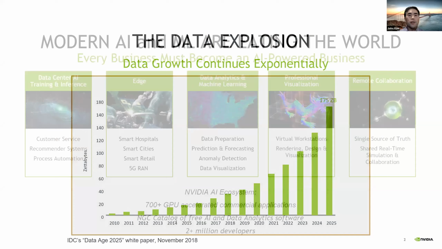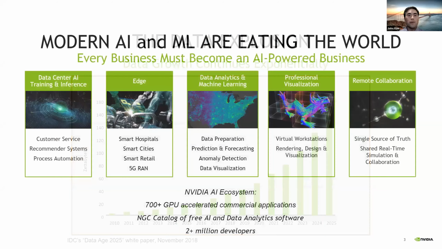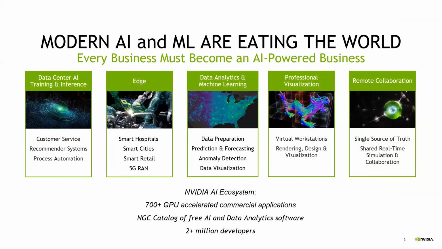In addition, the second thing that's driving a new type of data center architecture is the increasing use of artificial intelligence and machine learning, also known as AI and ML. In the past, AI and ML were used just by some universities, a few special companies, or government agencies, and it was very specialized. People usually had a special architecture, a separate IT silo, just for their AI and ML deployments.